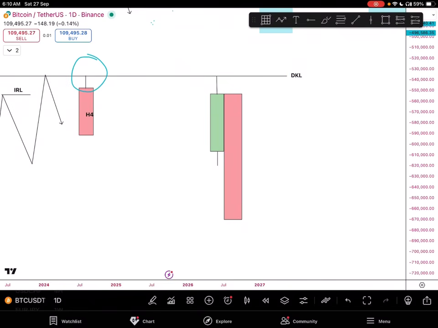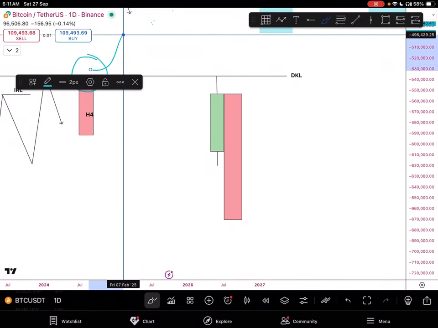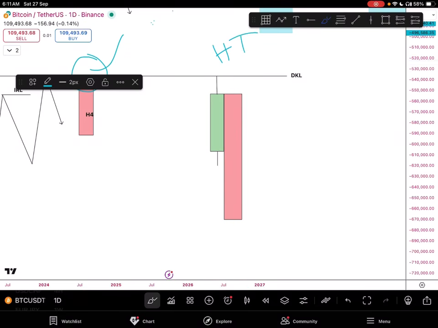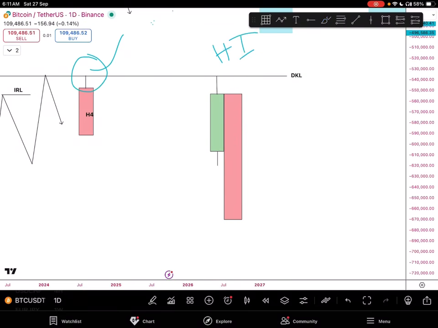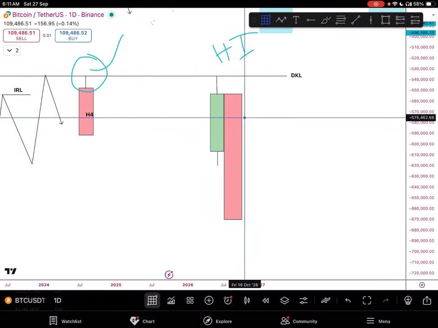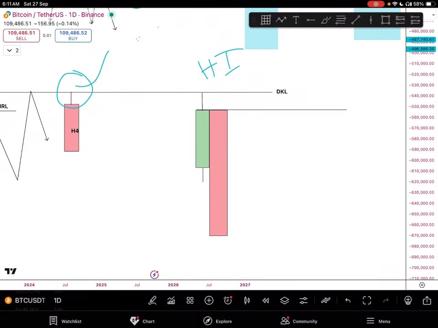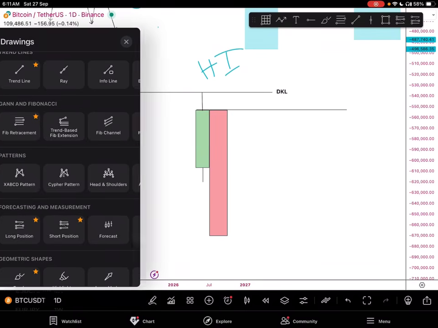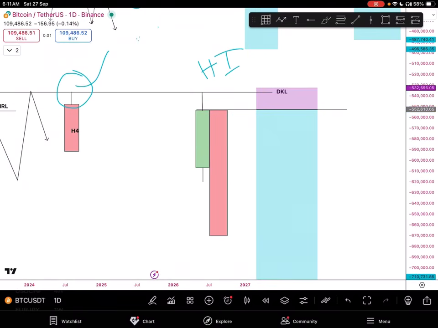After the H4 candle has triggered this key level, you need to go to the H1 time frame. In the H1 time frame, I will look for a formation like this, an engulfing formation. I will take my entry in this area.